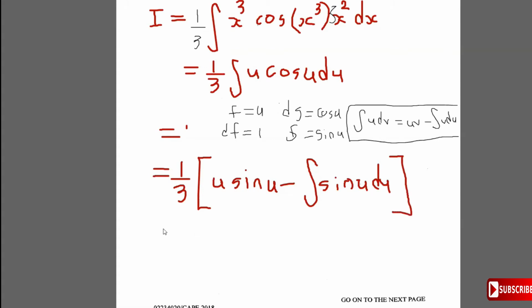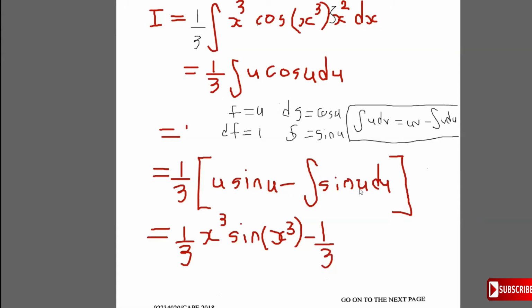So now I can proceed. So finally, the answer I'm getting is 1 over 3 u. But remember, we said that u was x cubed. So it's 1 over 3 x cubed sine x cubed. Since I expand in the 1 over 3, it's going to become minus 1 over 3.